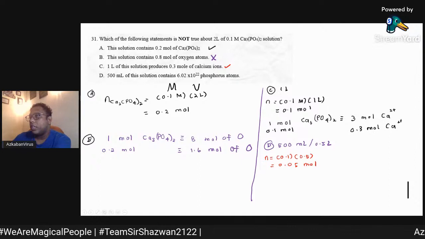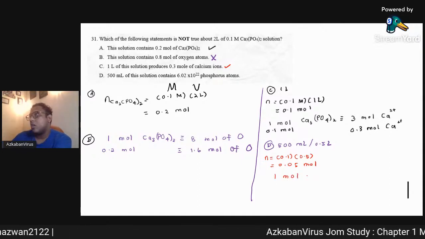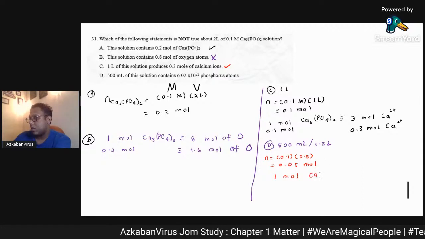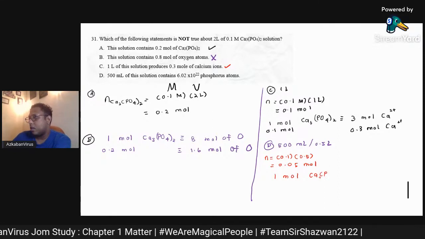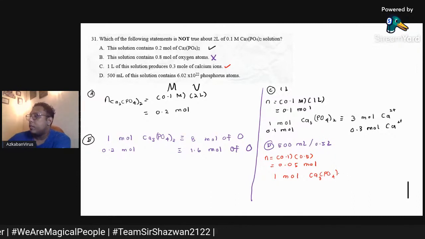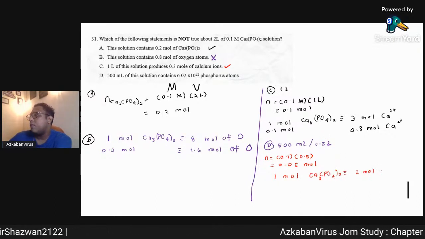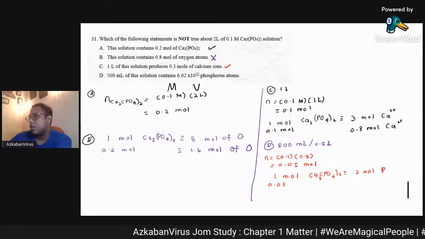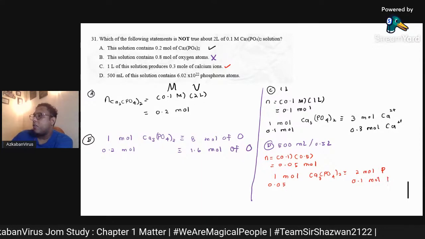Kita tengok from the equation, 1 mole calcium phosphate dia ada 2 mole phosphorus. So kalau ia ada 0.05, dia akan ada 0.1 mole of phosphorus.